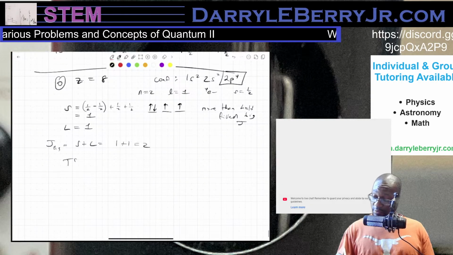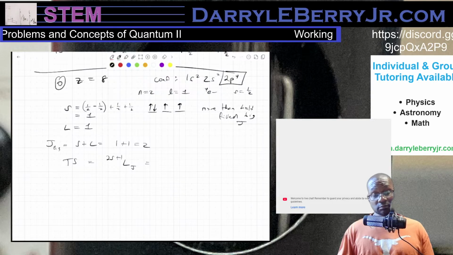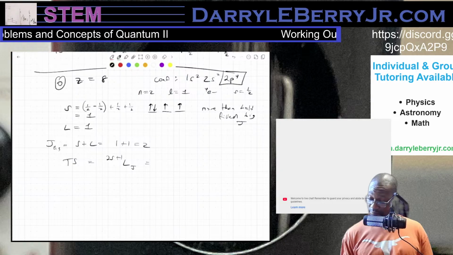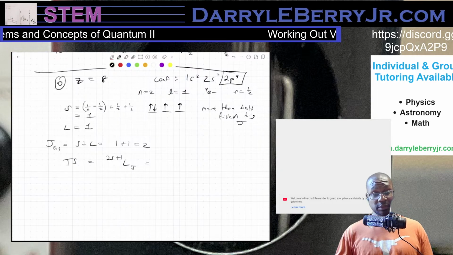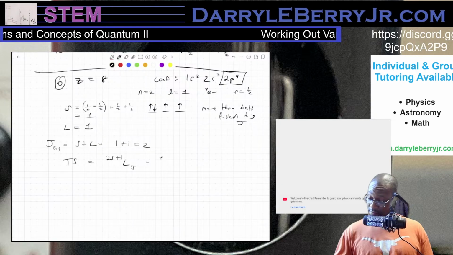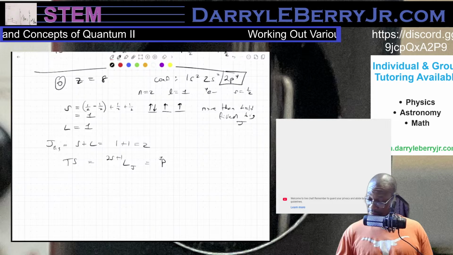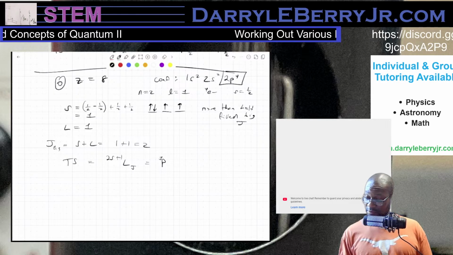So the term symbol is going to be 2S plus 1 LJ, which is going to be 2 big S plus 1 is 3P. Now it says the big J is favorite, but it's not necessarily doing that.